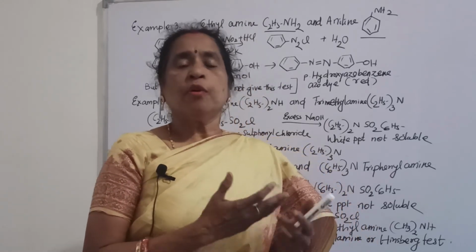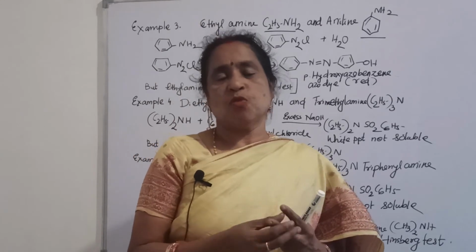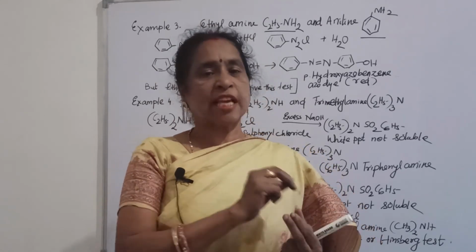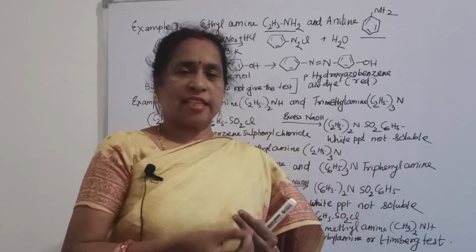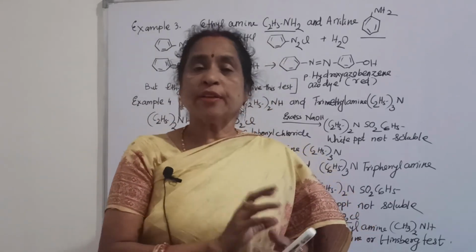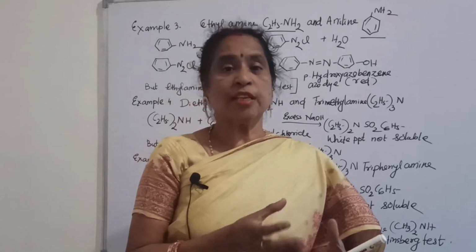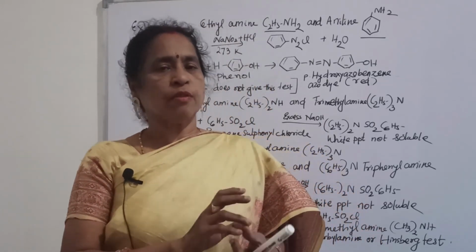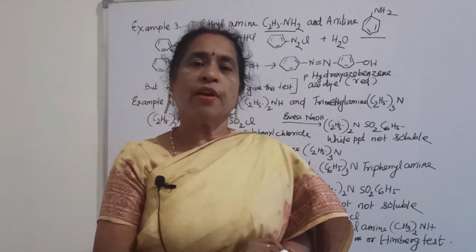So that is why we can do both tests. One is the Carbylamine test, by which methylamine gives positive, and the second one, dimethylamine, gives a white precipitate. We can see the white precipitate with benzene sulfonyl chloride with excess of NaOH.